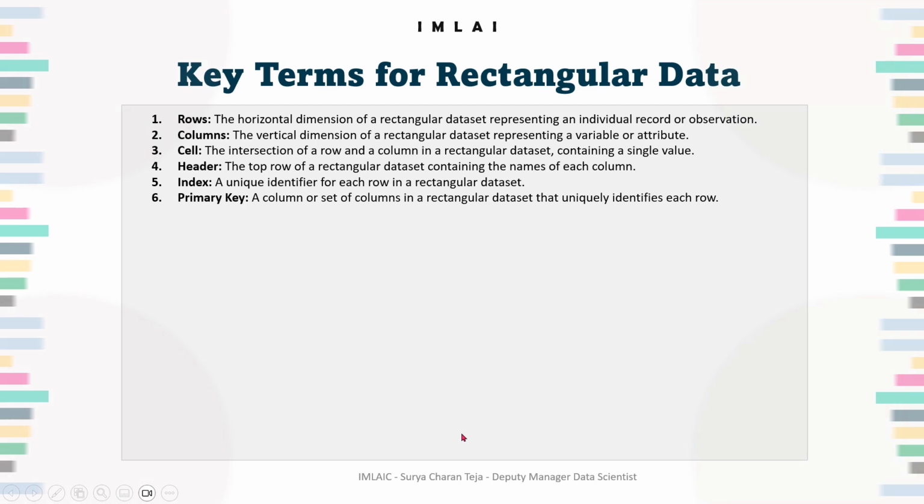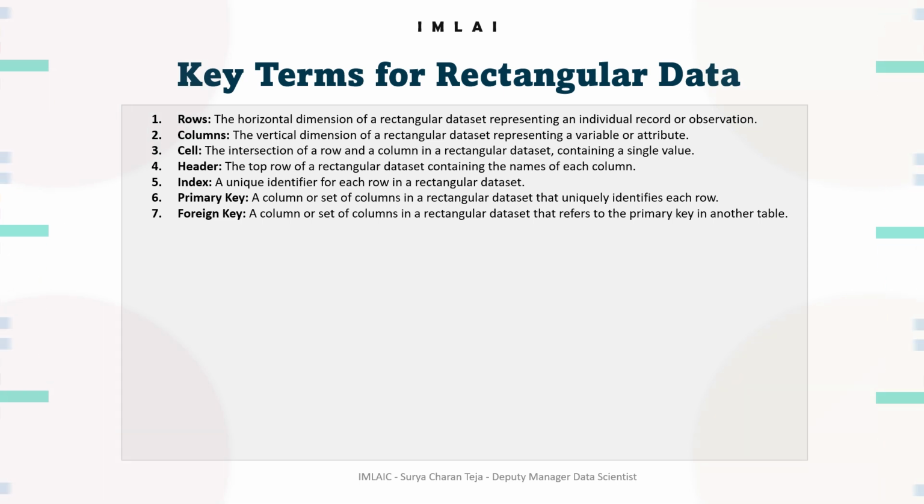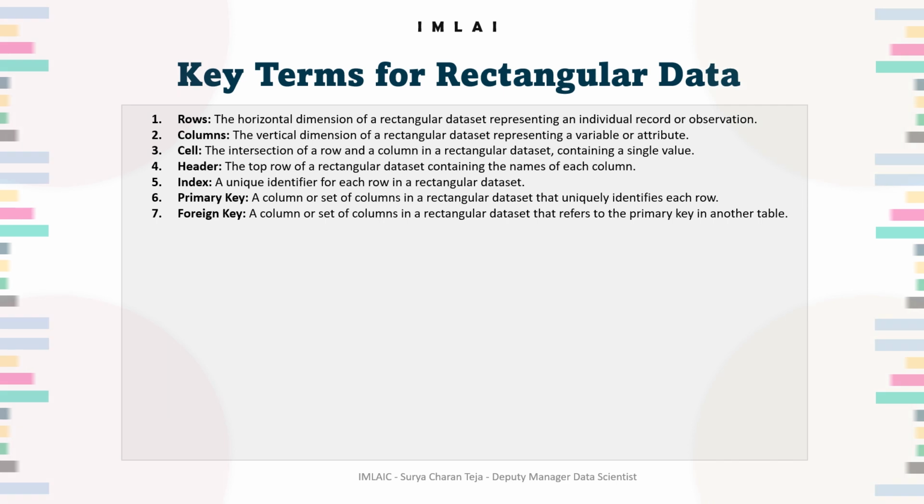Next we have foreign key: a column or a set of columns in a rectangular data set that refers to the primary key in another table. That's what is called the foreign key. So it's kind of joining.